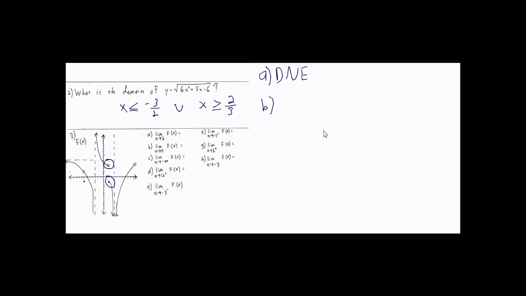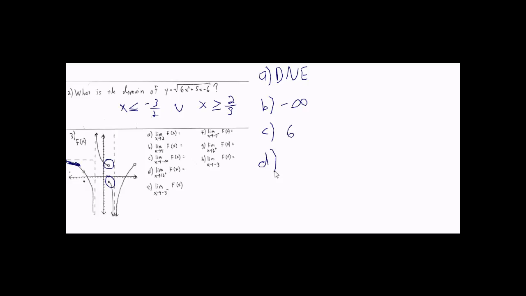So the answer is negative infinity. Alright, C. x goes to negative infinity. That is back here. If you follow along on this graph, you can see it's headed towards a horizontal asymptote. And anytime you see x going to infinity or negative infinity, they're just asking for the horizontal asymptote in that direction. And this is going to be at like 5 or 6. This is hard to read because I did this by hand.